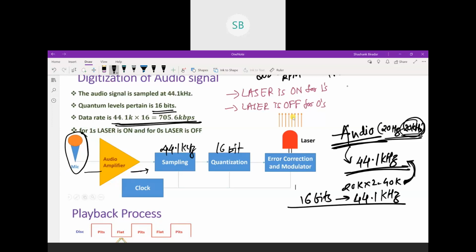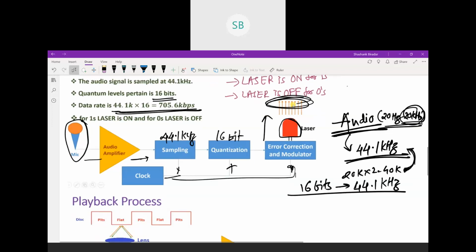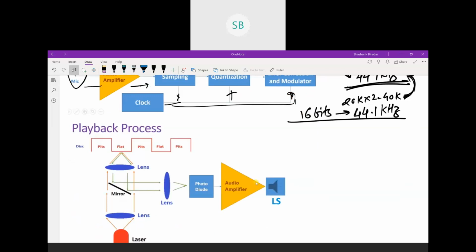Then a clock is provided to these digital circuits, the error correction and the modulator, and the laser is modulated with reference to the digitized data of the audio signal coming from the mic, and this is given to the compact disc over here. Is it clear? Now we have recorded, right? We have recorded the digital audio signal.